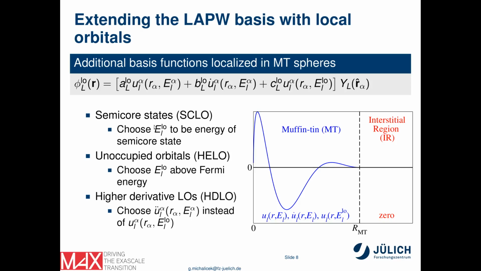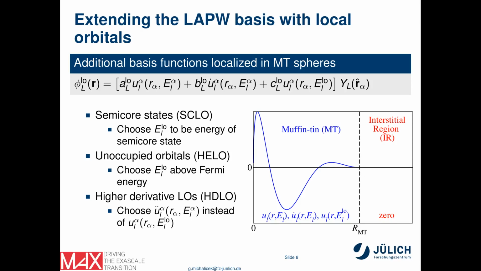There we choose the energy parameter such that it is in the vicinity of the semicore state. We can also describe unoccupied states with so-called higher energy local orbitals, and there we choose the energy parameter above the Fermi energy somewhere within the range of the unoccupied states.